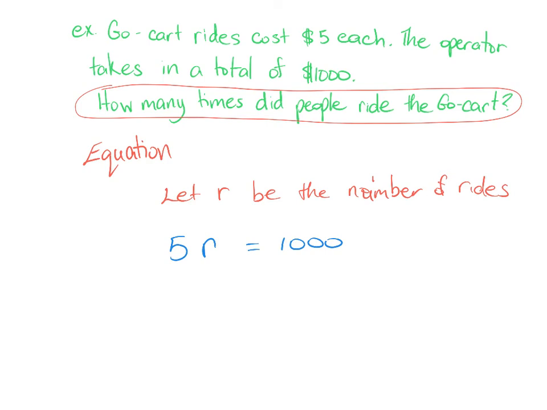For now, I'll just tell you what the answer is, and later in the course, you'll learn how to officially solve this equation. The value for R that makes this statement true is 200. So 200 is our solution, and that's the number of rides that was sold that day.